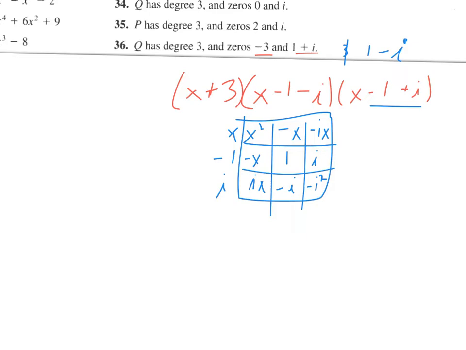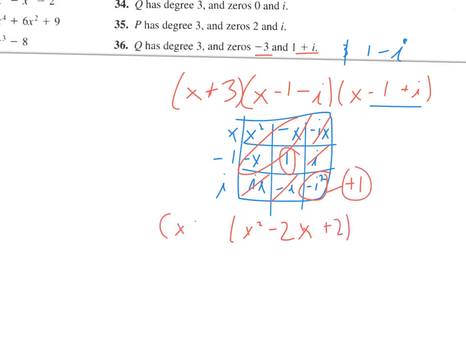And so, all right, what we see here is that negative ix cancels out with ix, negative i with i, and then this negative 1 i squared actually turns into a positive 1. So I can rewrite this now as x squared minus 2x, combining these x's right there, and then plus 2, combining my real numbers here and here.